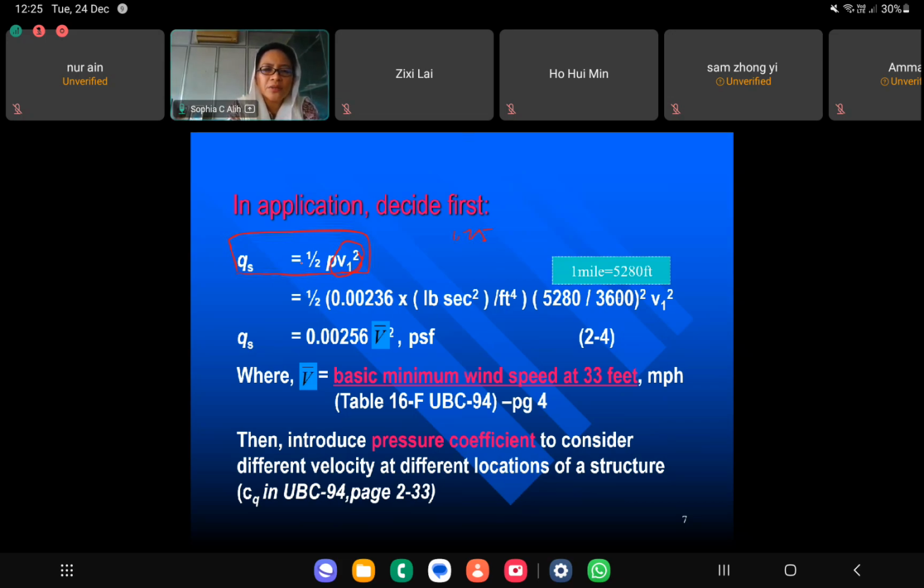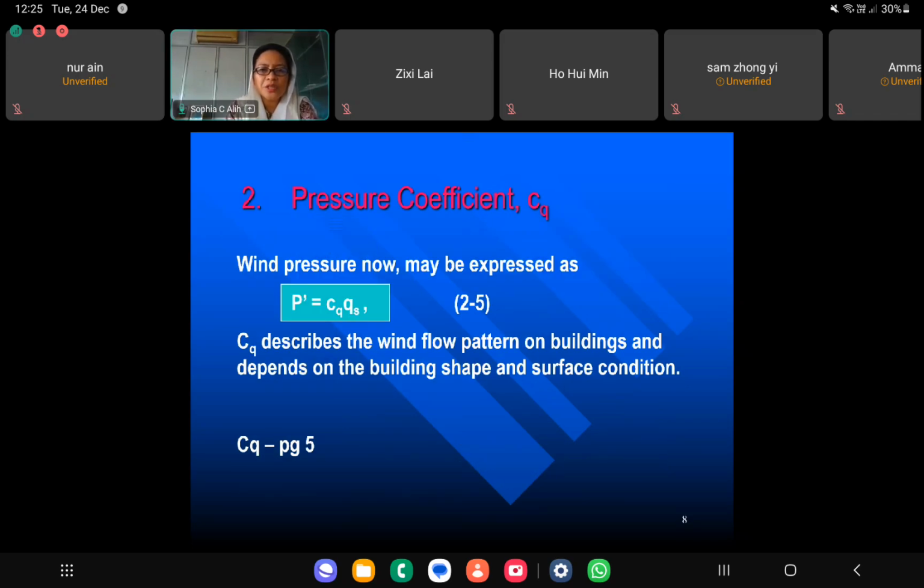So you decide what your stagnation pressure is, and from this stagnation pressure, you're going to introduce more coefficients in order to get the final wind pressure. There are parameters that you need to take into account. As I mentioned, when it comes to wind design, there are many more parameters taken into account.